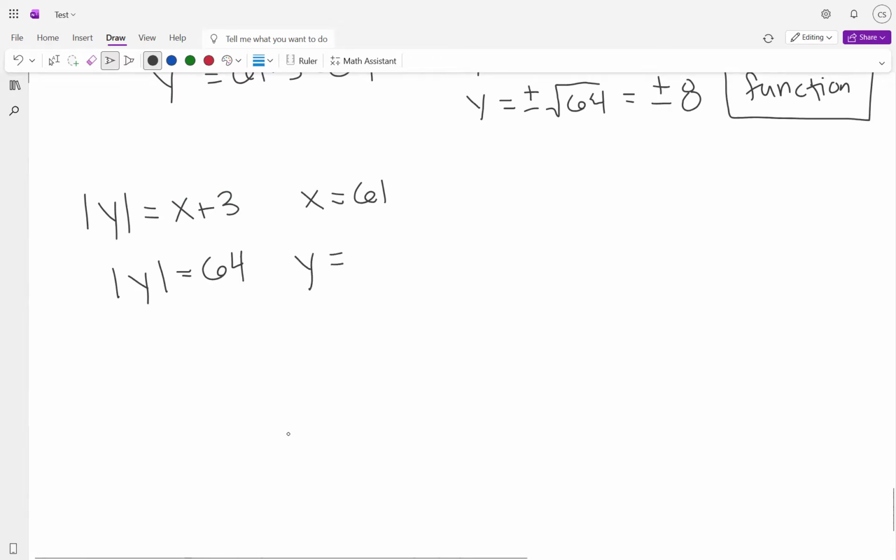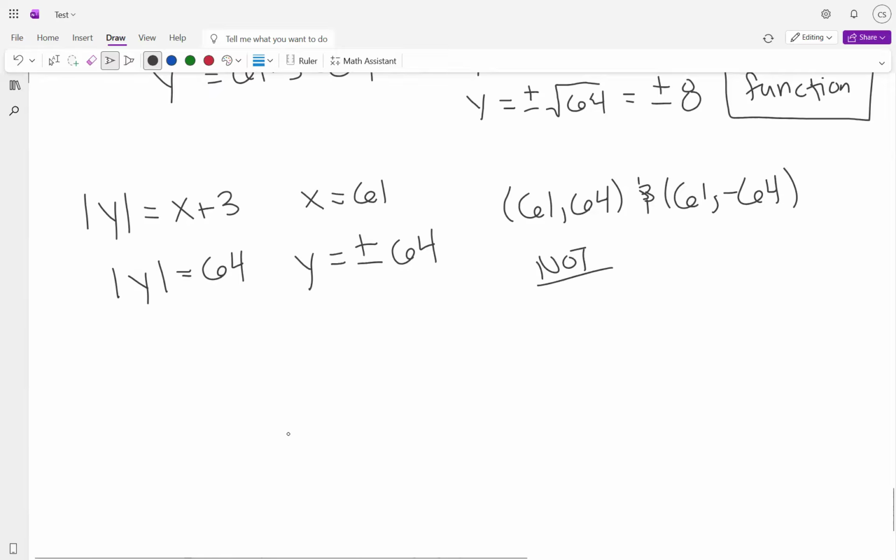That means y is plus and minus 64, because that's what it means with the absolute values. So again, I have the point 61 comma 64, and 61 comma negative 64. So this one's also not a function.